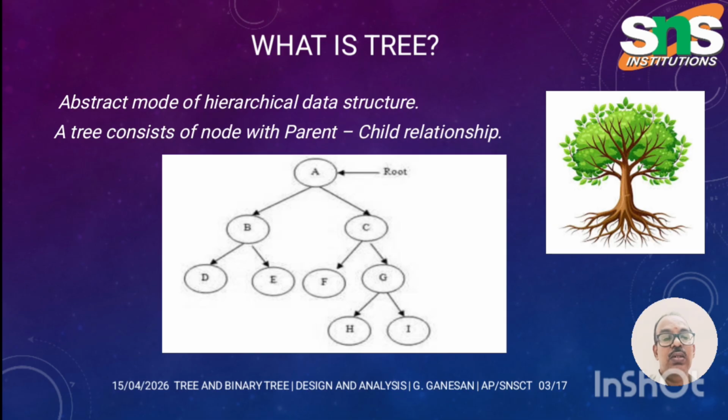We know that trees are living plants around us. So trees have roots at the bottom and it grows from the root in the upward direction. It's a normal natural tree.